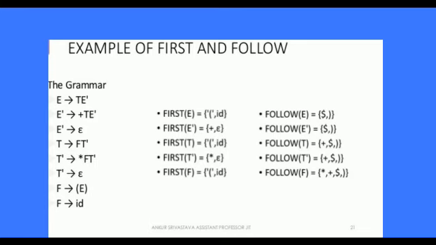Once again I am repeating the rules for solving a predictive LL(1) problem. There are 4 steps for solving the problem. In the first step, you have to find the first and follow functions. In the second step, you have to construct the parsing table.